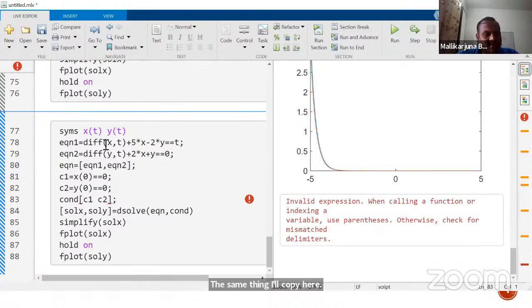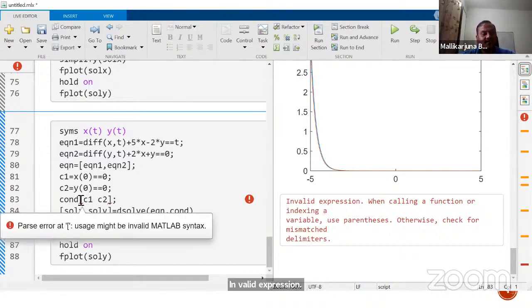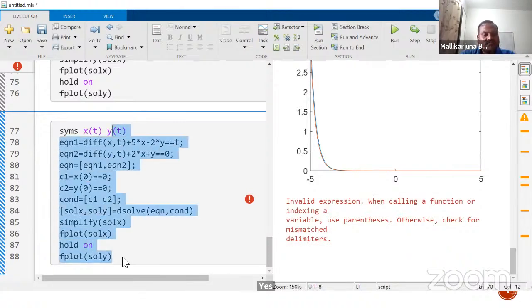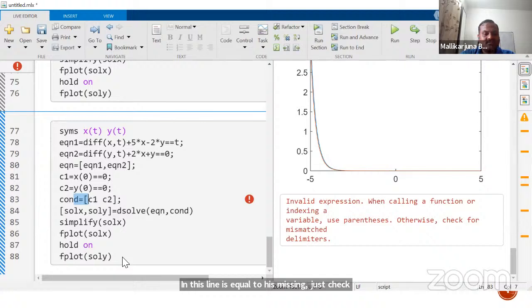Invalid expression. Yeah, here the equal to is missing. You just check it. In this line, the equal to is missing. You just check it here. Is equal to.